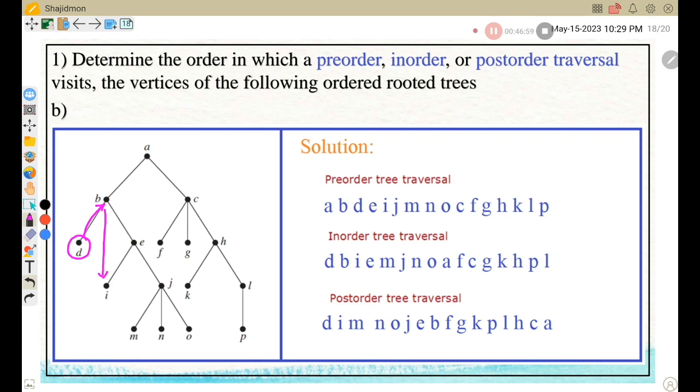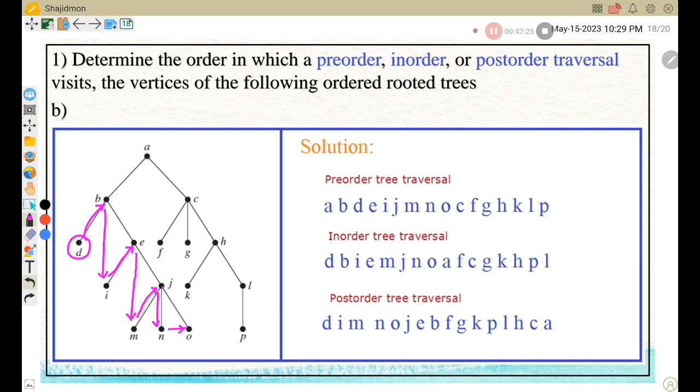After I we can go to the root E. After E we cannot visit J, so where do we visit? We visit M. Then from M we visit its parent J, and after J the right part, that is N and O. We have to write N and O, correct?